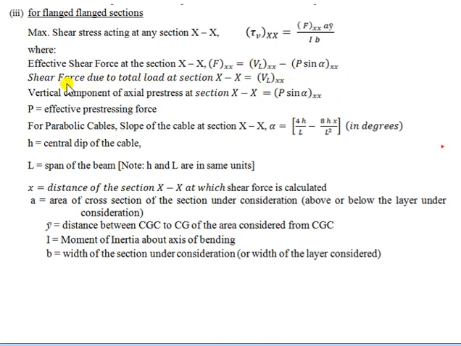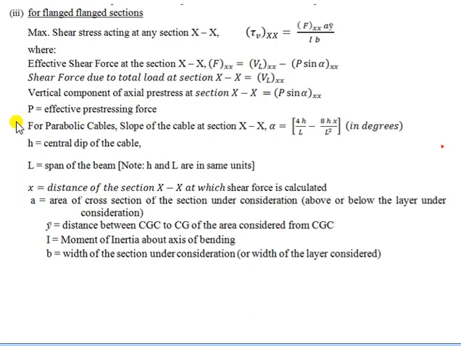So shear force due to total load at section XX is equal to VL at section XX, and the vertical component of axial pre-stress at section XX is equal to P sin alpha at section XX, where P is the effective pre-stressing force.